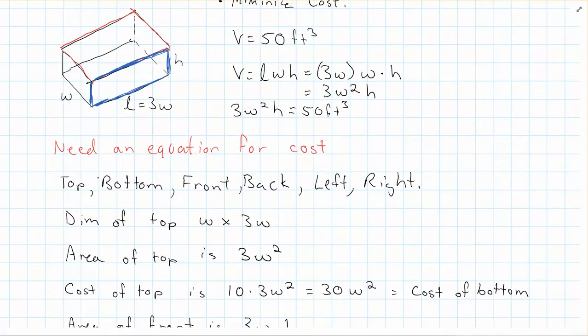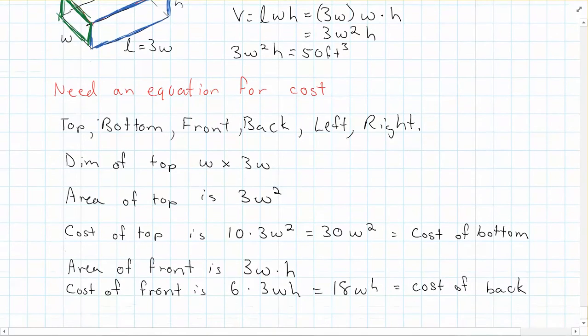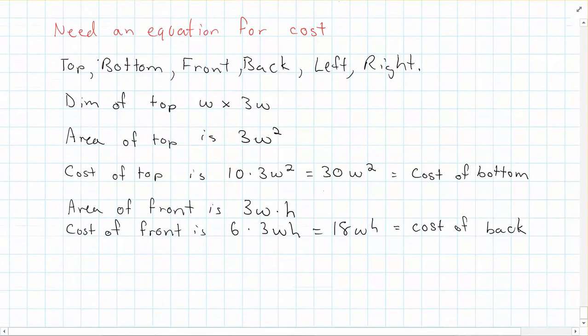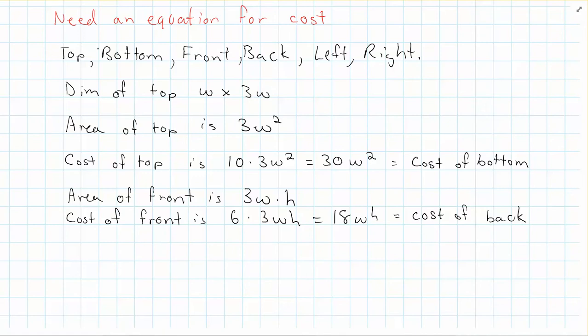I'll go back up to my picture. I know I'm having to scroll back and up a lot, but it's the only bad thing about this. And highlighting in green the left side here. And so the dimensions of that left side would be W and H. So the area of left is WH.